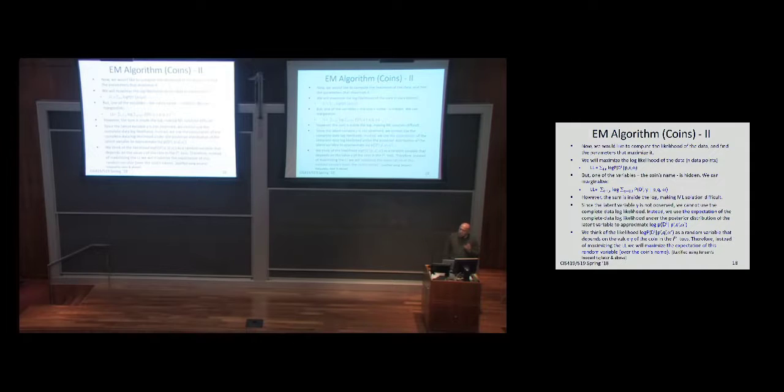Specifically, think about this log probability as a random variable. It depends on the value y of the coin. We don't know the value y of the coin, but we have the probability that this y is 1 or 0. So I'm going to compute the expectation relative to these probabilities, and this is what I'm going to maximize.